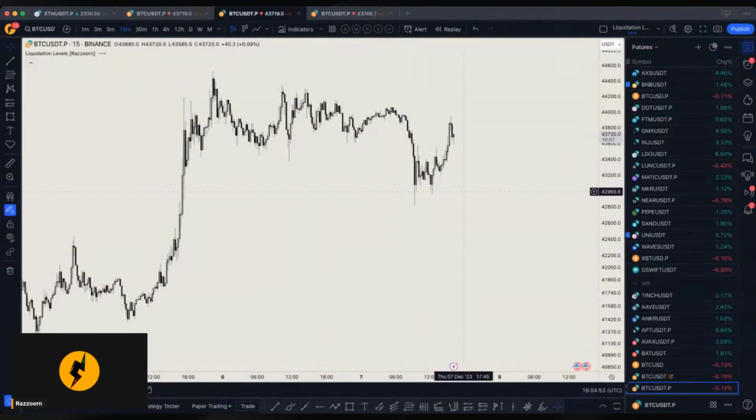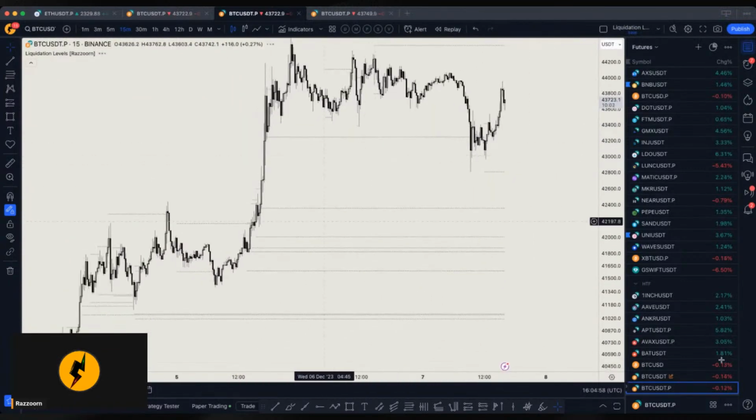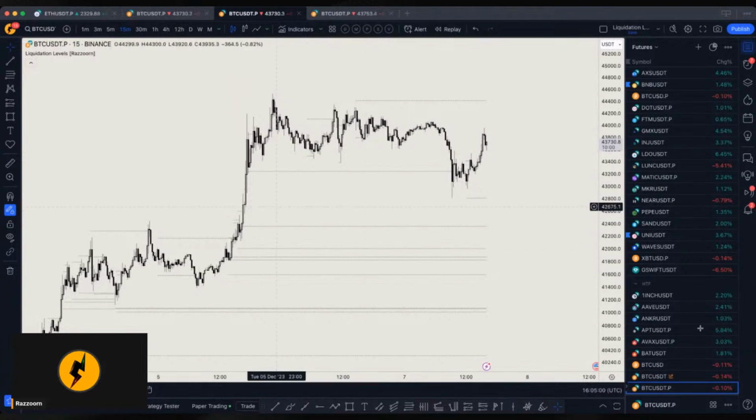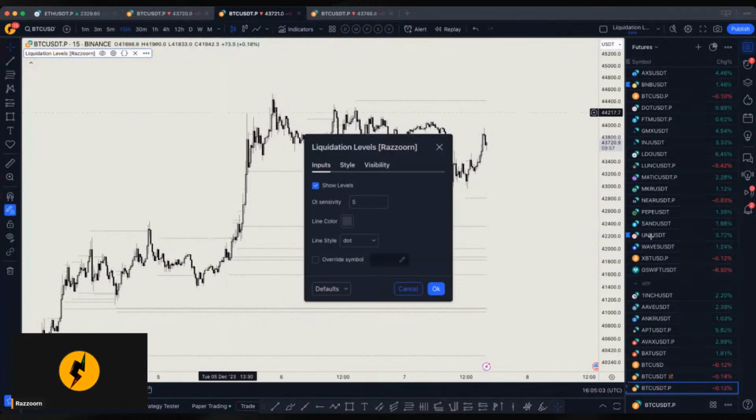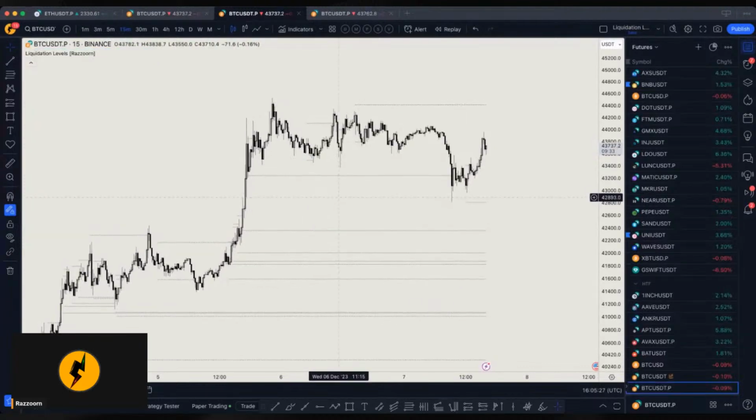So when you open up the chart, you can see that there are some levels available, and I try to keep the settings minimal, so you don't have a lot of options to change. The reason is, first of all, I took a lot of time to calibrate all these levels that you can see here.